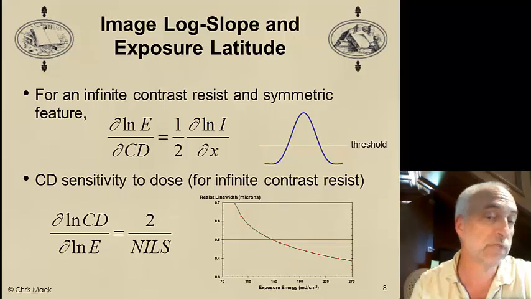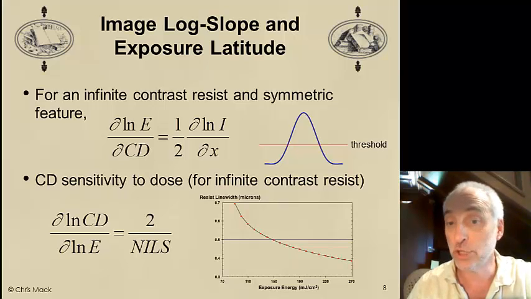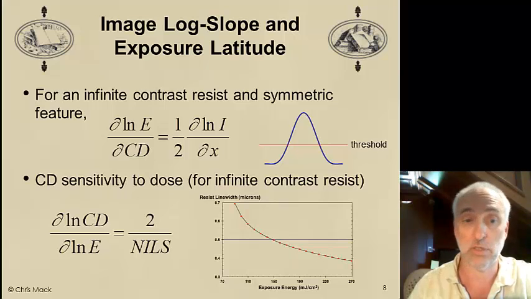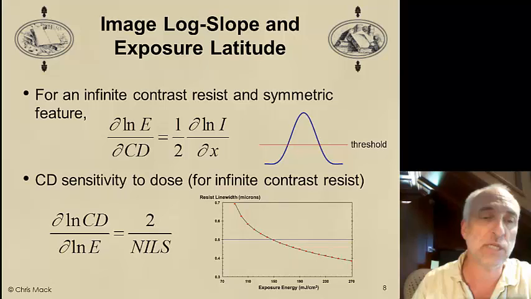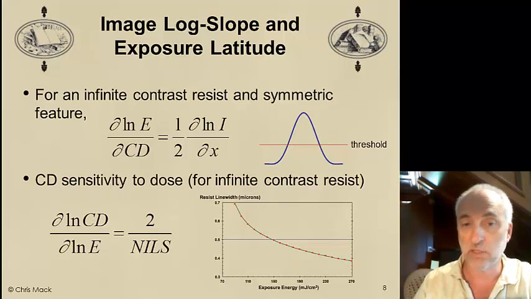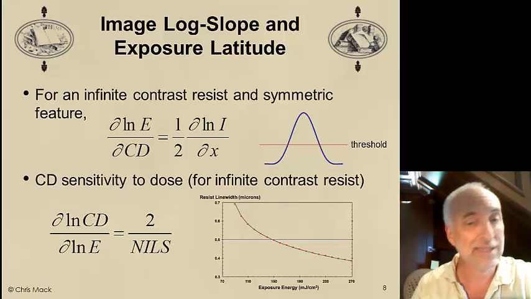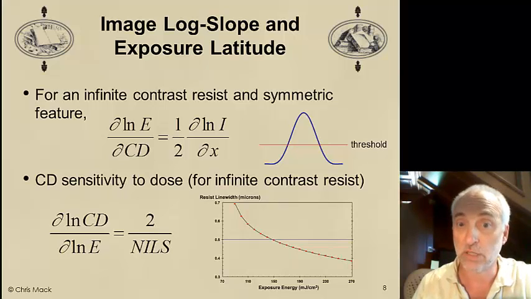Also, we can think of d log CD over d log E as the percent change in critical dimension for a 1% change in exposure dose. If I allow the exposure dose to vary by 1%, what percent change in CD will I get? Well, the best you could ever do is 2/NILS. So if your NILS was, say, 2, 2 over 2 is 1, that means a 1% change in exposure dose would always result in a 1% change in CD.